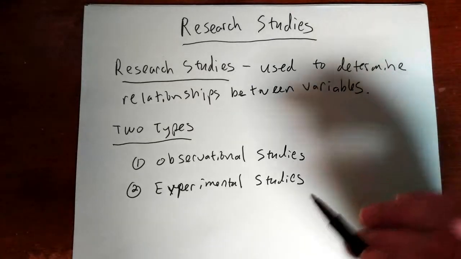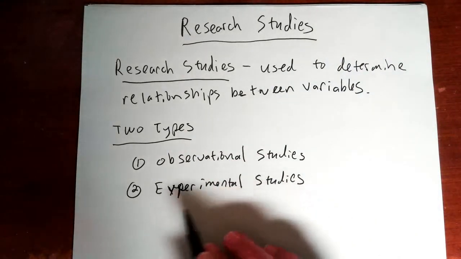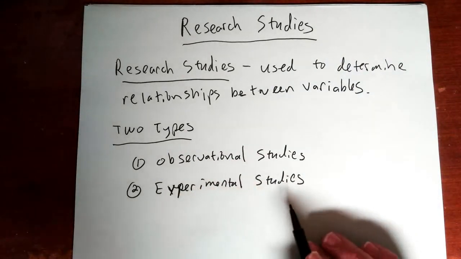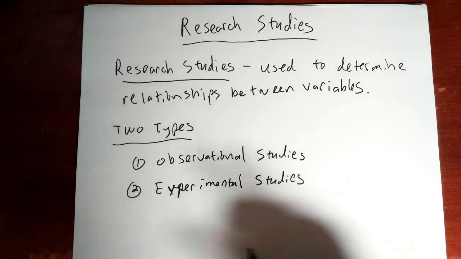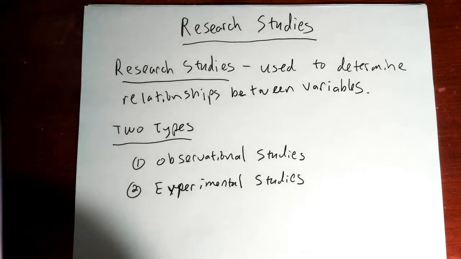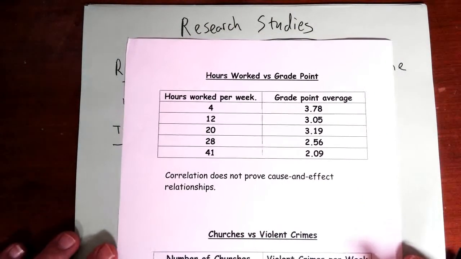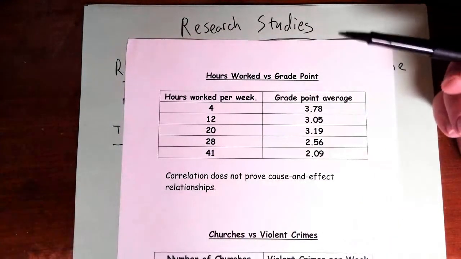So if you want to show a cause and effect relationship, then you actually need to set up and perform an experimental study, some sort of experiment that can actually show that the relationship is a cause and effect relationship. Okay? So let me give you an example of an observational study.